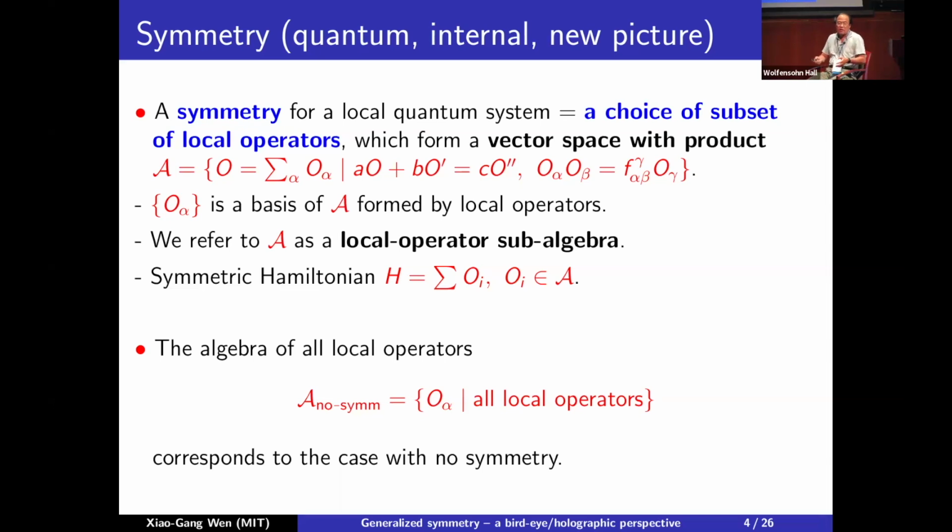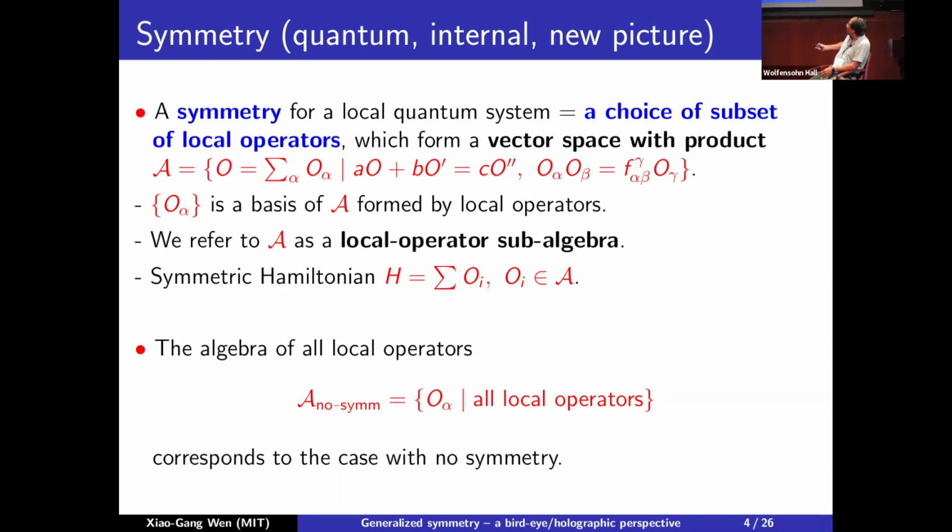The operators in this subset are closed under addition, multiplication by complex numbers, and also under the operator product. We call this a local operator subalgebra. So the point of view is that symmetry is actually given by a local operator subalgebra. This is another way to look at symmetry.